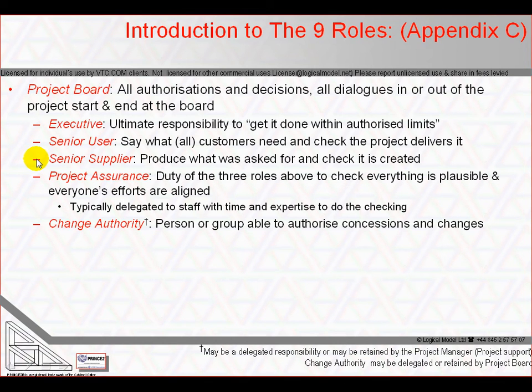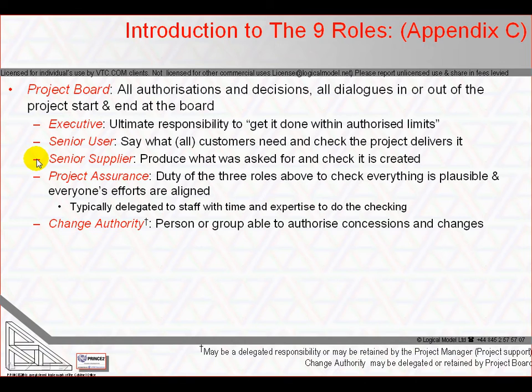The project board members' accountability for specifying and overseeing may be beyond their technical skills or their available time. Typically, project board members may delegate some or all of their project assurance tasks to individuals with the required time and skill.